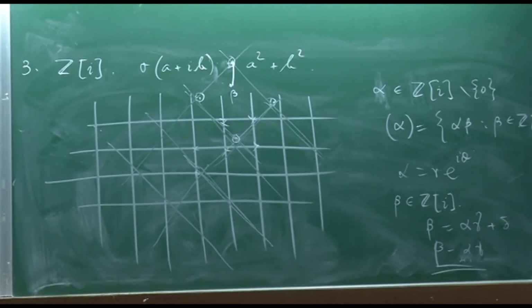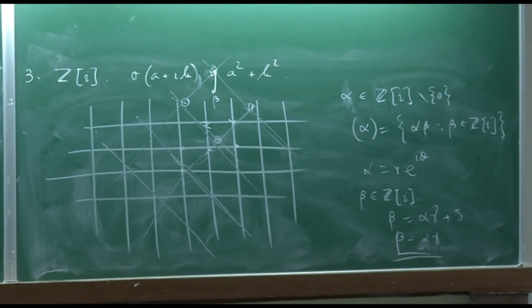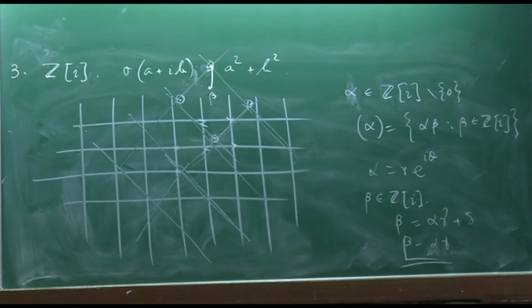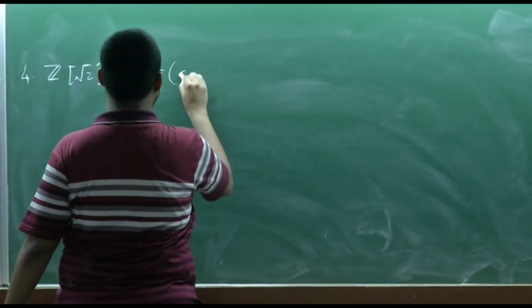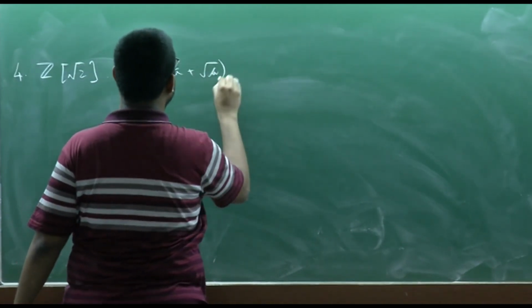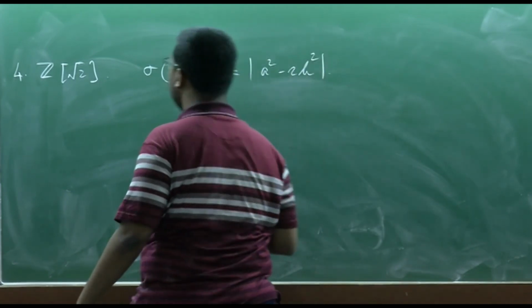Another example along this line is the following. In fact, we will generalize that. So, this takes Z root 2. How is the sigma defined there? This is simply a square minus 2 b square.